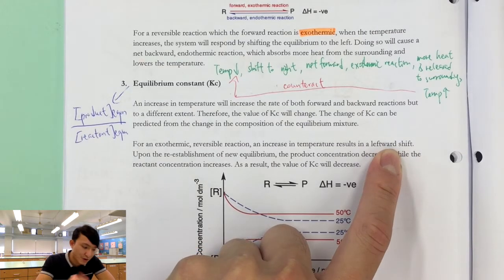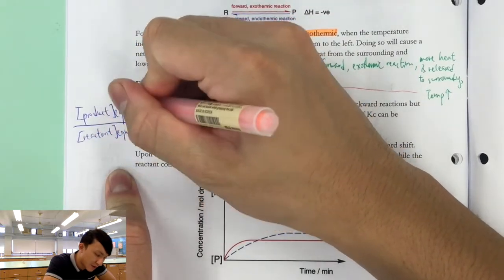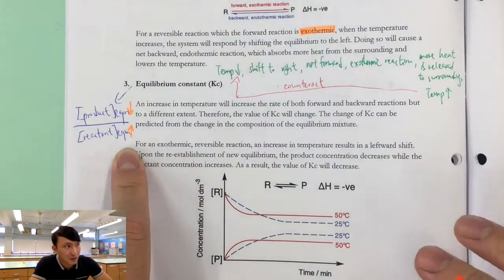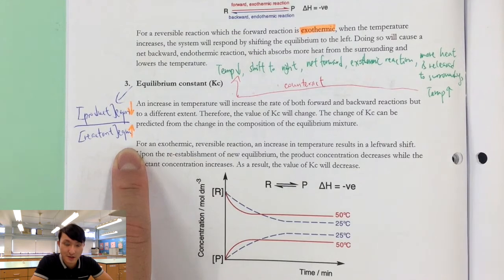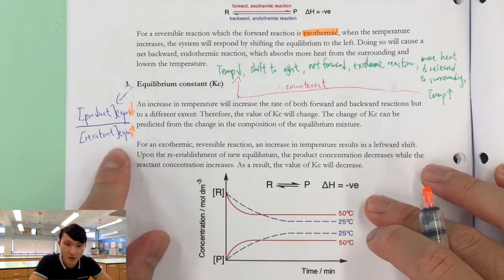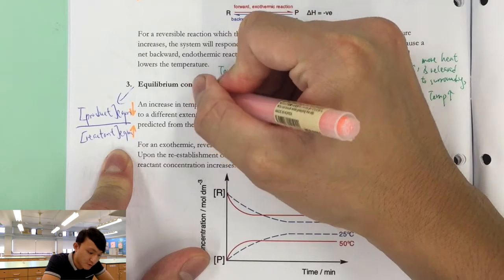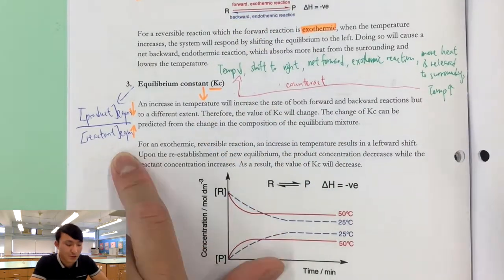So when you have more reactant, less product, how does it affect Kc? Well, of course, the Kc will be smaller because you have a smaller numerator and a larger denominator. So the Kc over here will therefore decrease. Okay? So this is how we determine the Kc changes upon a temperature change.